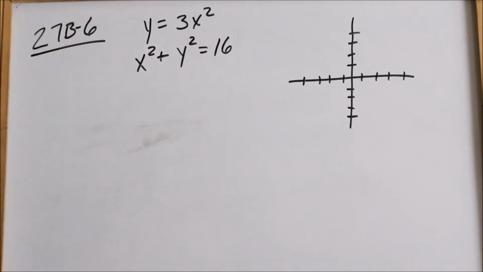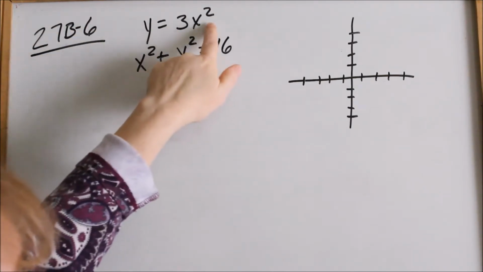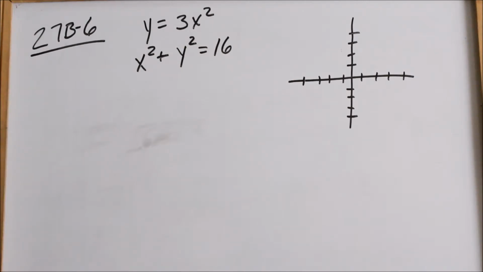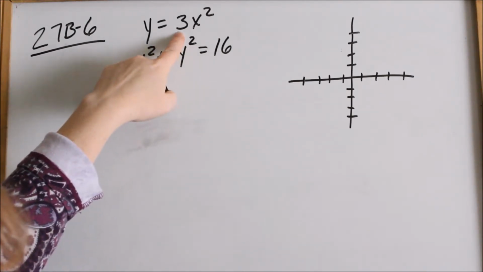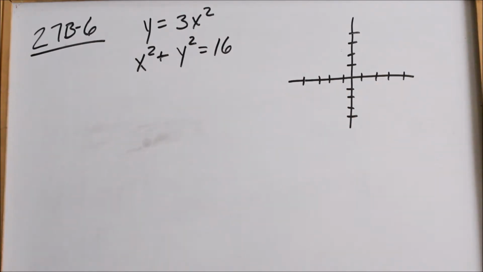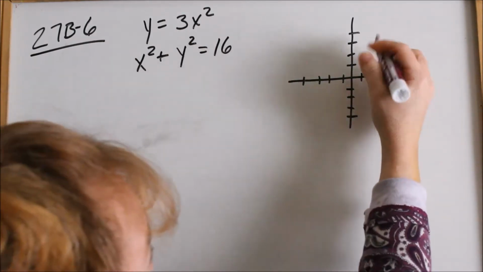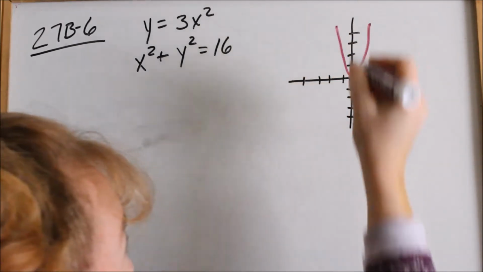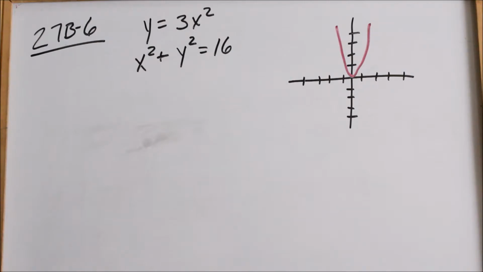It's an up and down parabola, and it's going to start at the origin because I'm not adding a number out here, shifting it up or down. And this number tells me it's going to be a narrow parabola. Since it's an estimate, it's going to look something like this, but I don't know how narrow it is.